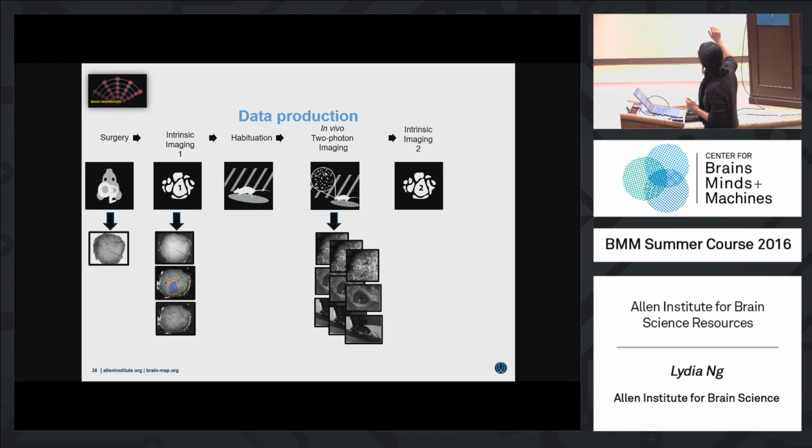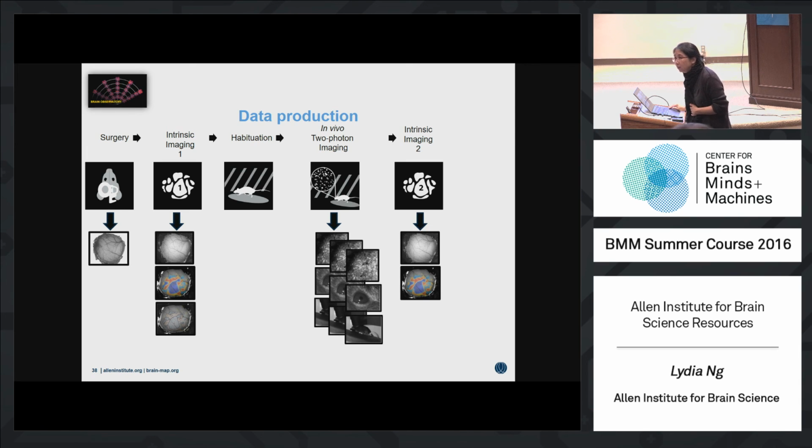In this first data set, we also have done a second intrinsic imaging, just as in our first data set, so that we are able to compare back to the first data set, to get some sense of how much that changed over time as well.